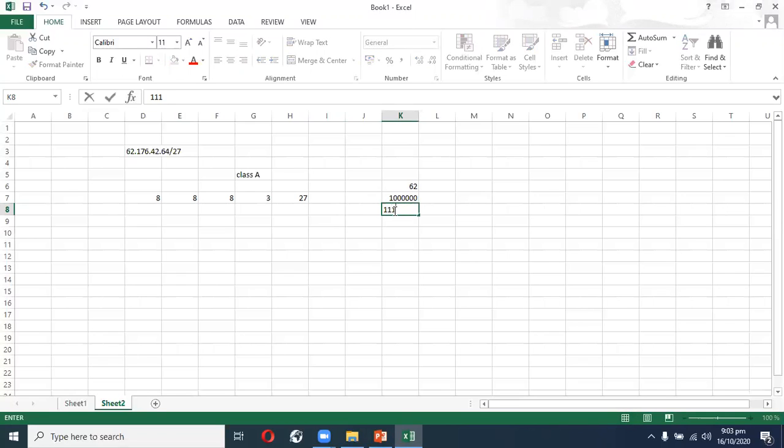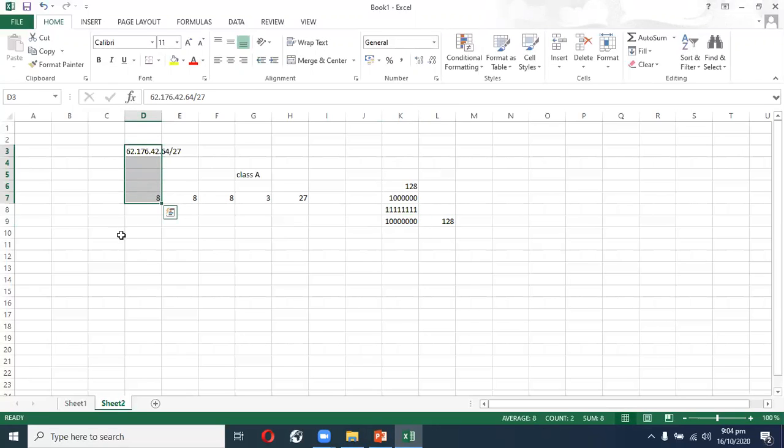All 8 digits are 1. When you add these two together, what do you get? I made a mistake, so let's make it 128. When we add all these together, 1 is 1, the rest are 0. So the answer will be 128. When we say 8, this means the same digit will be used.